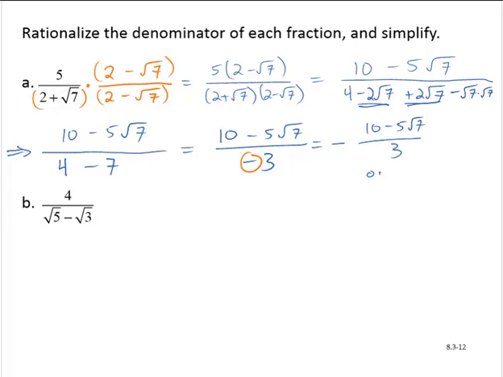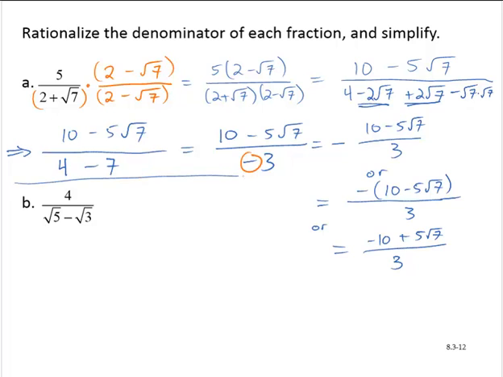Alternatively, we can put it in the numerator of the fraction and apply the distributive property. So that would give me negative 10 plus 5 times the square root of 7 over 3. So just be aware that the expression can be written a few different ways when you throw that negative in.